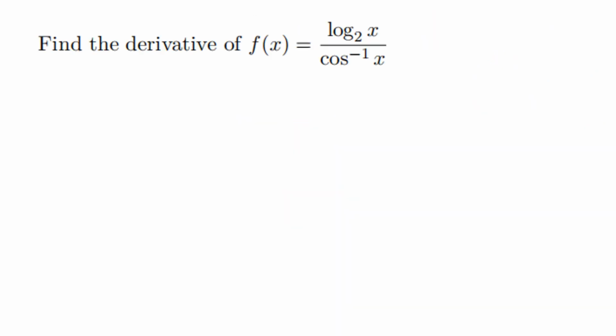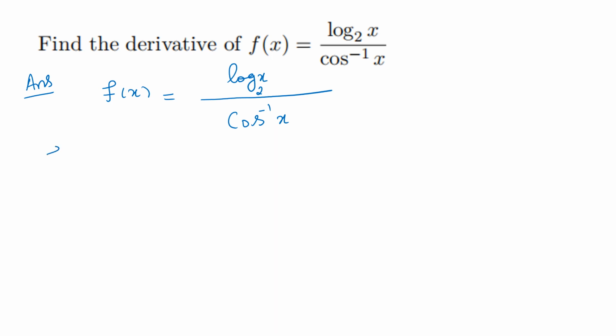Again we have the problem using the quotient rule. Find the derivative of f(x) equal to log x to the base 2 over cos inverse x, or cosine inverse x. So f(x) equal to log x to the base 2 over cosine inverse x. So log x to the base 2 is our u and v is cosine inverse x.